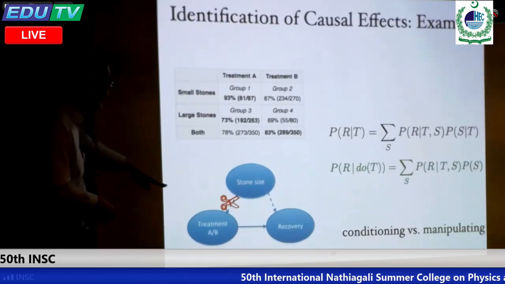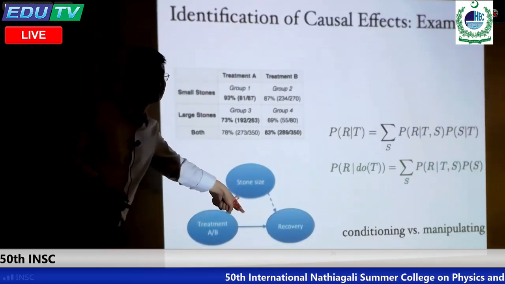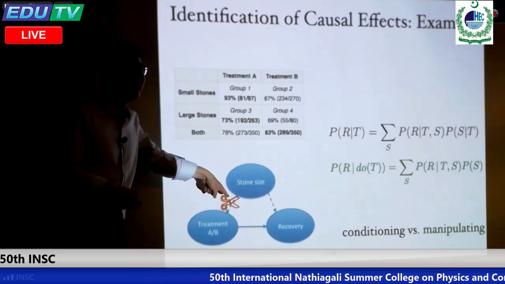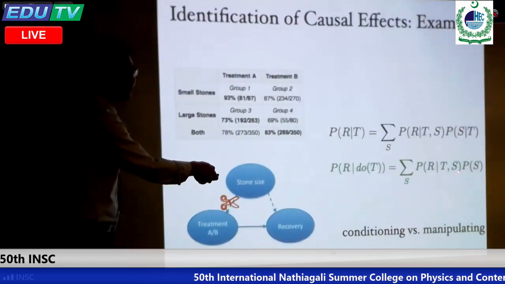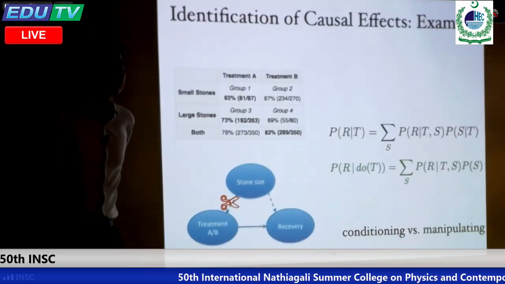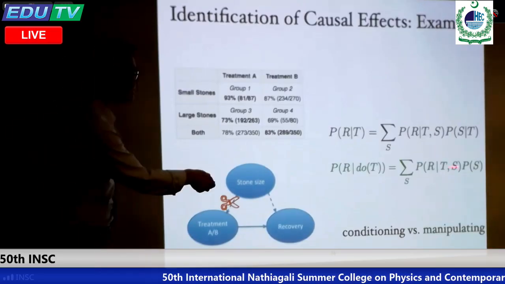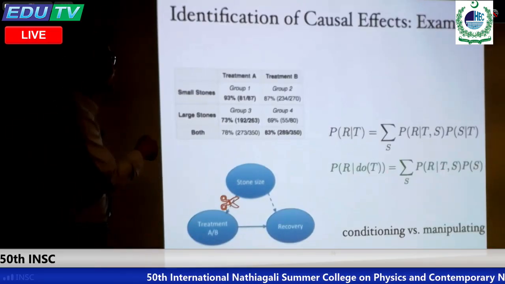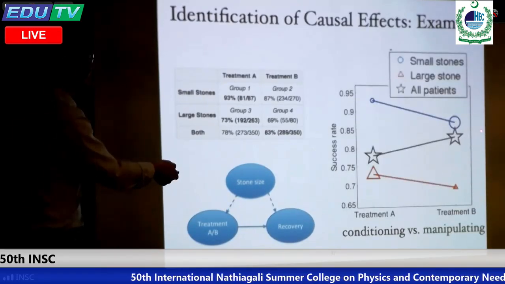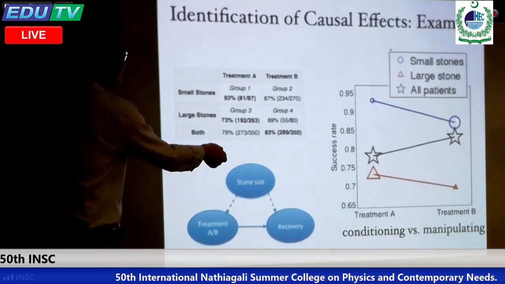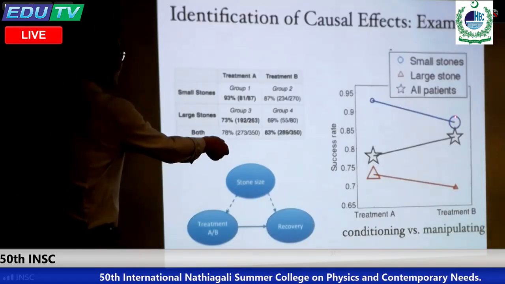If I do intervention, then the original mechanism will disappear. As a consequence, the conditional distribution will become marginal, because now they become independent. If you use this equation, now you can see, yes, we can identify causal effect. So here, you can see for patients with small stones, B is worse, A is better.